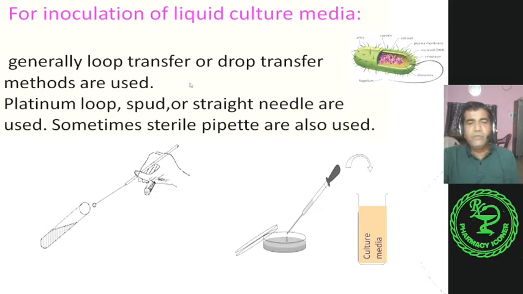Microorganism from the inoculum tube will go to the fresh culture media. Similarly, we can use a drop transfer method. Here the inoculum is taken in an aspirator like this and a drop is transferred to the culture media. So this is the drop transfer and this is the loop transfer.